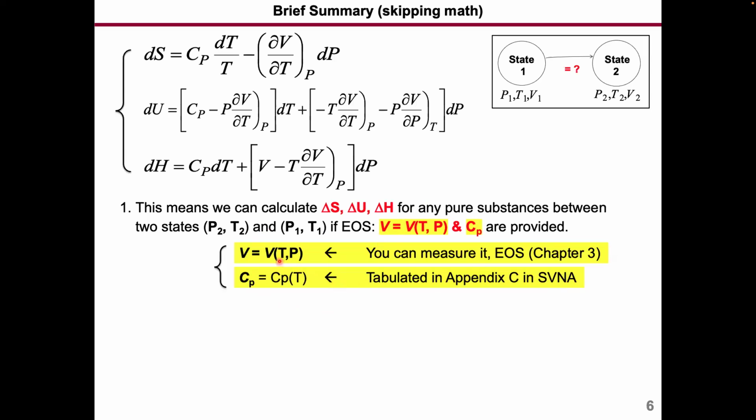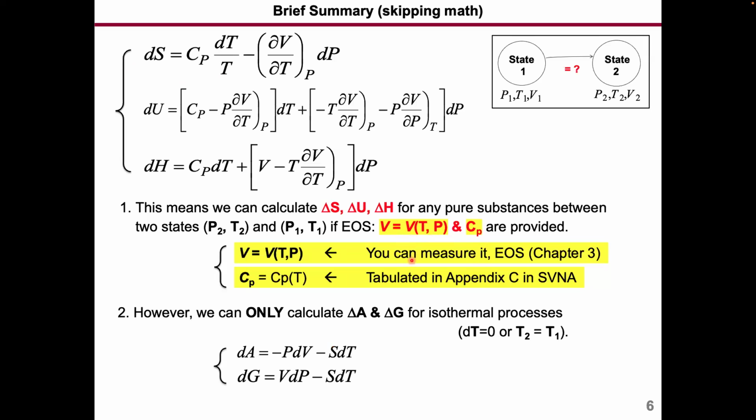So for most of these species, we can calculate the change in entropy, internal energy, and enthalpy by plugging these two into this equation and taking the integral. So it's purely math after you figure out Cp and the PVT relationship.